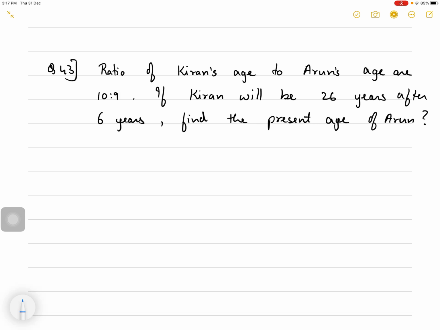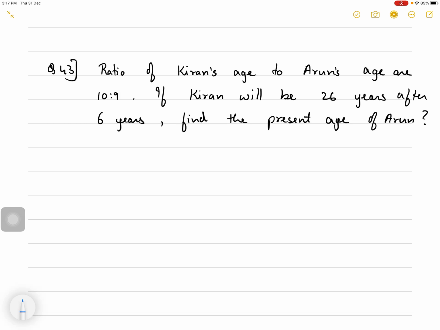The ratio of Kiran's age to Arun's age is 10 is to 9. If Kiran will be 26 years after 6 years, find the present age of Arun. Oh, that is very simple. Kiran's age and Arun's age are in the ratio of 10 is to 9, right?